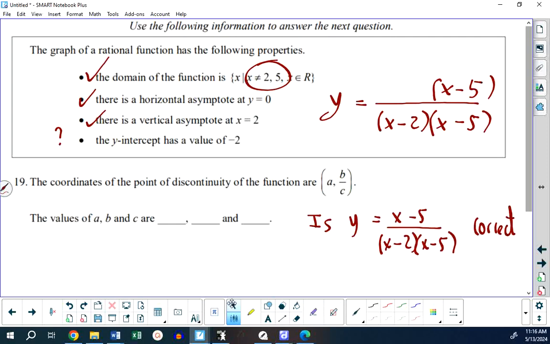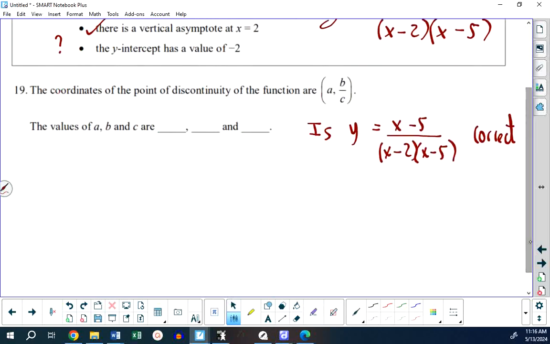Because if it is, we can find the y-coordinate of the hole, which is what we're asked for. Right? Well, we're also asked for the x-coordinate of the hole. So how do we find out if that's true? We find out if that graph has a y-intercept of -2. And when I put 0 in for x, I get a y-intercept of 0 minus 5 over 0 minus 2 times 0 minus 5.